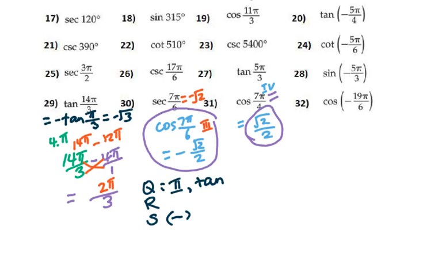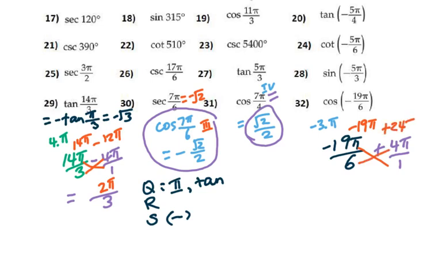For 32, negative 19 pi over 6. This gives to you negative 3 point something pi. So we need to add even pi. That means add 4 pi. Then we got negative 19 pi plus 24 pi.